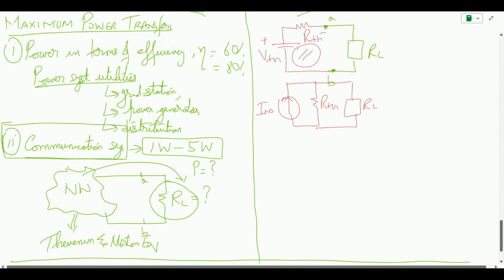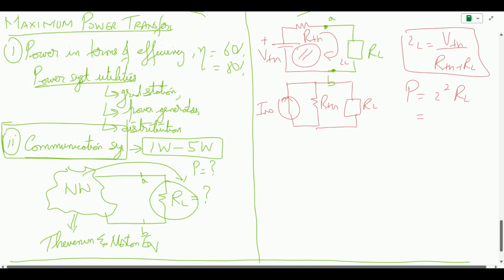If I apply the Thevenin equivalent, I just need to figure out the current. The current is V Thevenin divided by R Thevenin plus the load value. Once I know the current, I can easily apply the equation of power, I squared R_L, to know how much power has been transferred to the load.